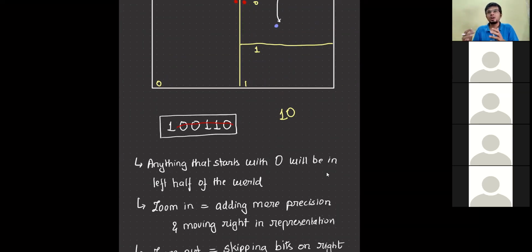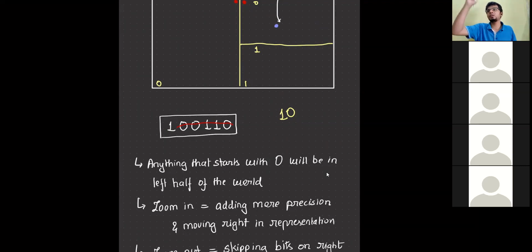So basically on Google Maps or on Google World, when you are constantly zooming out, you see the entire world. Correct. That means it's like this sort of representation where nothing gets represented. Then let's say you made one scroll in and you are now focusing on the right half of the world. Then it's like just having that one over here.